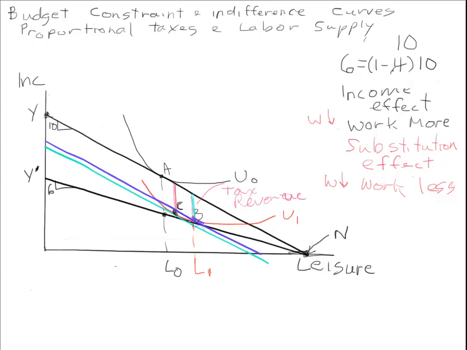I'm trying to make it so it goes right through that point. And so notice I have a slight difference right here. The difference between those two lines, this kind of purplish line is where I have the same tax revenue. So this is the same tax revenue.